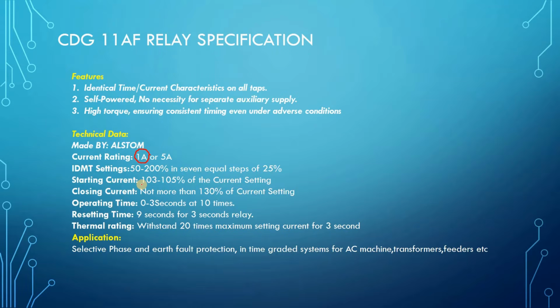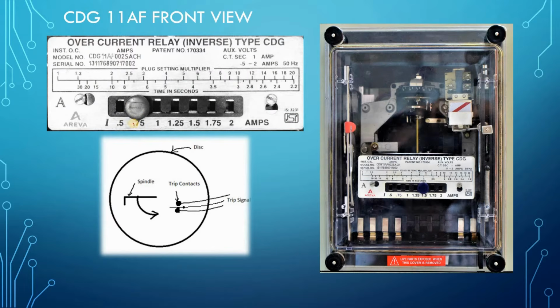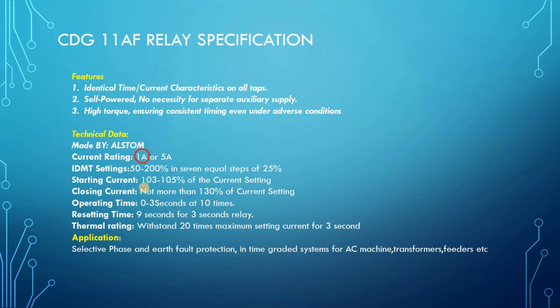Now the starting current. Starting current is 102 to 105% of the current setting. Current setting means the plug setting. Right now here the plug setting is 0.75. If we shift this to here, the current setting will be 0.5, and here the current setting is 1.5. So 103 to 105%.